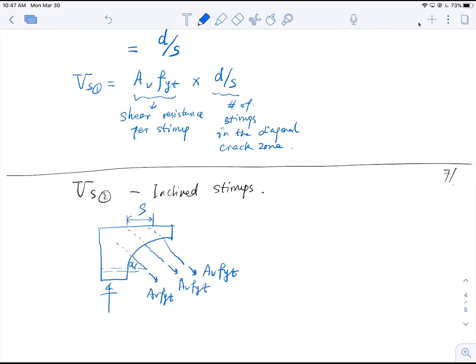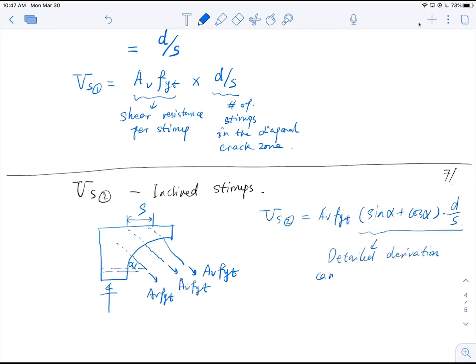The equation to calculate the shear resistance is Vs2 equals AV FYT multiplied by sine alpha plus cosine alpha, multiplied by D over S. The detailed derivation of this equation can be found in the textbook.